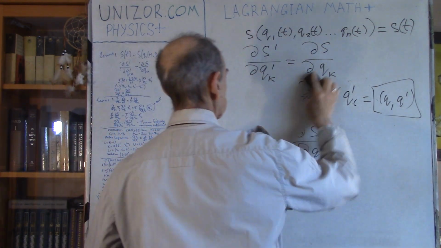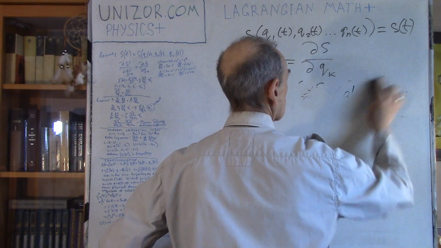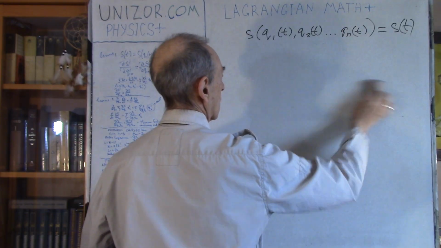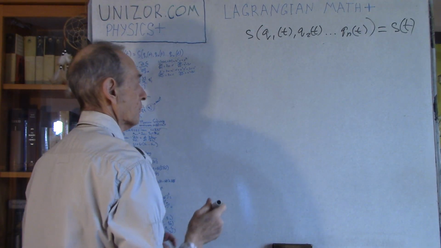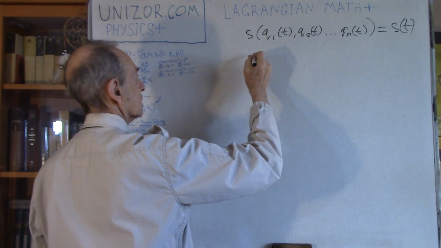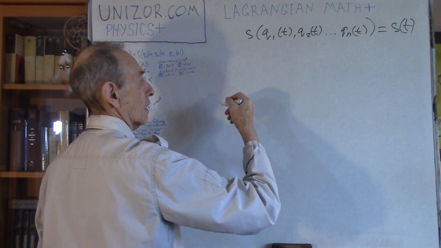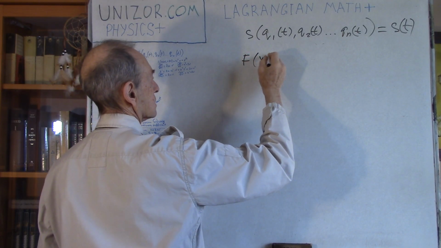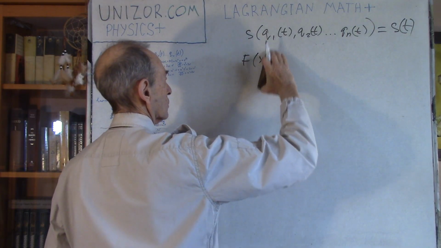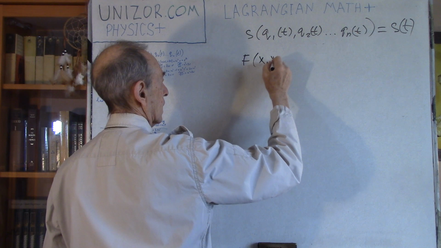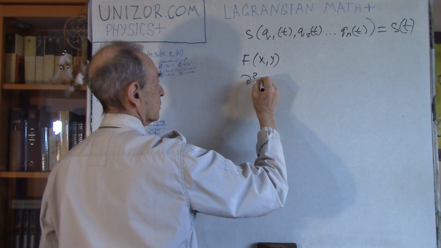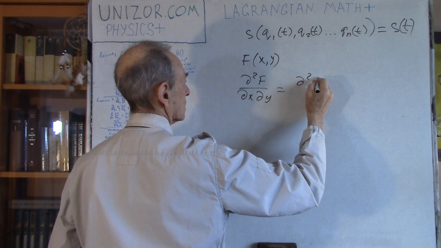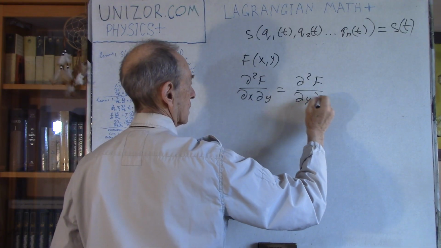Okay, second lemma. The second lemma is about changing the direction of differentiation. Now, under very broad conditions, if you have a function of, let's say, two arguments, f of x and y, then the second derivative by dx dy is equal to the second derivative by dy dx.